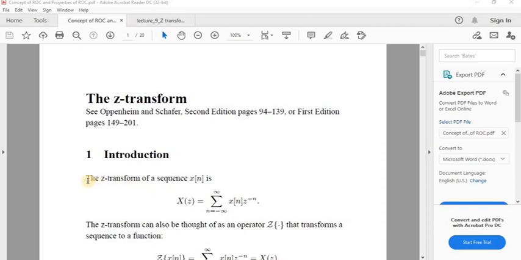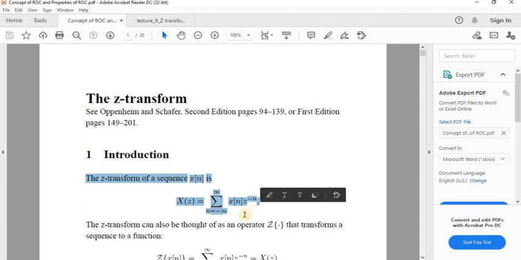So we already know that the Z transform of a sequence x of n is given as this formula. We have already studied this formula. We have related this formula with the discrete time Fourier transform. Also we have solved numericals related to this formula.